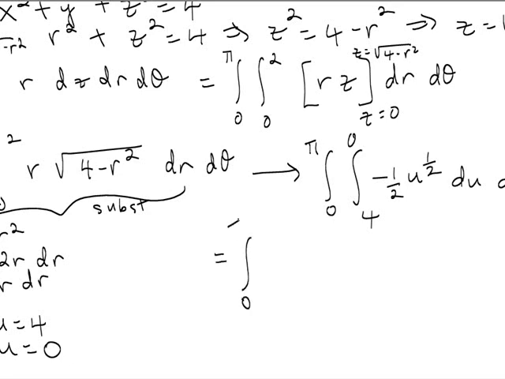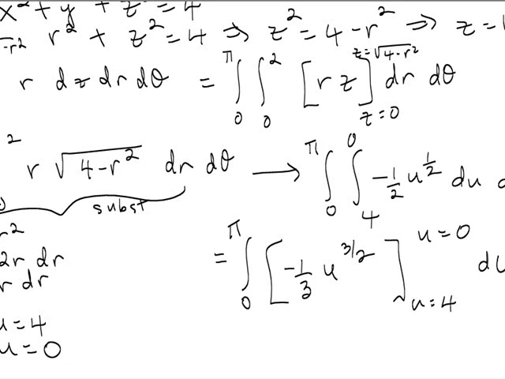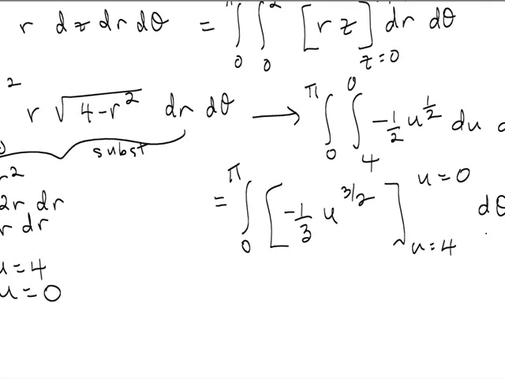So 0 to pi. Okay, so the exponent is u to the 3/2. We are multiplying negative a half by 2/3, which becomes negative 1/3. Limits go from u equals 4 to u equals 0, d theta. Okay, let's substitute 0 to pi.